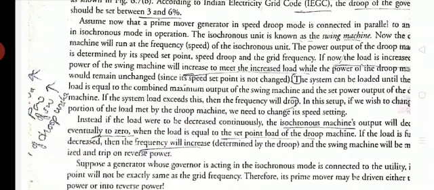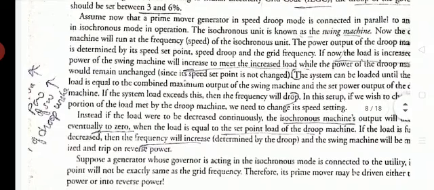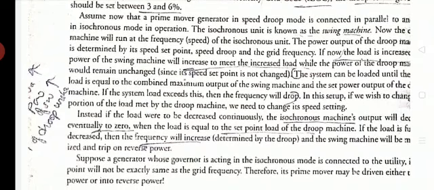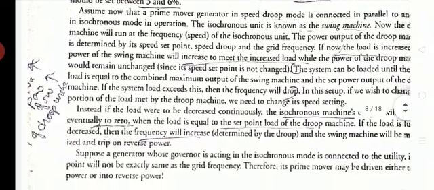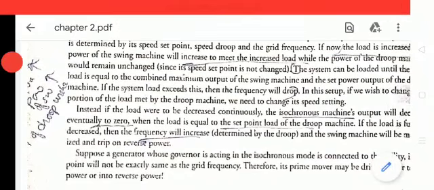If now the load is increased, the power of the swing machine will increase to meet the increased load, while the power of the droop machine would remain unchanged. Correct? Since its speed set point is not changed, the system can be loaded until the load is equal to the combined maximum output of the swing machine and the set power output of the droop machine.